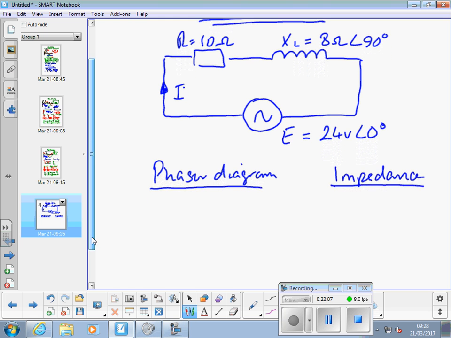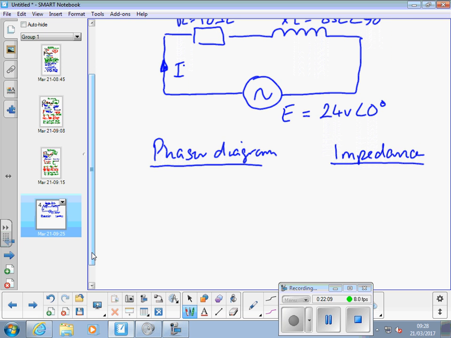What we've got impedance-wise is R equals 10 ohms, and we've got XL equals 8 ohms.